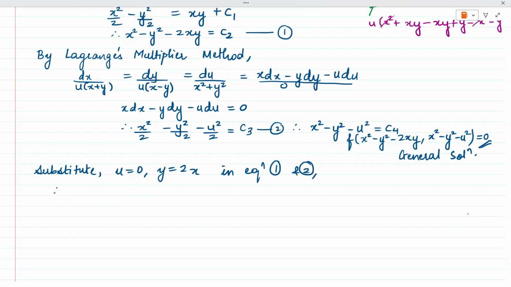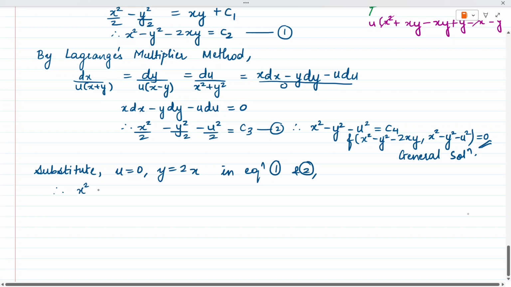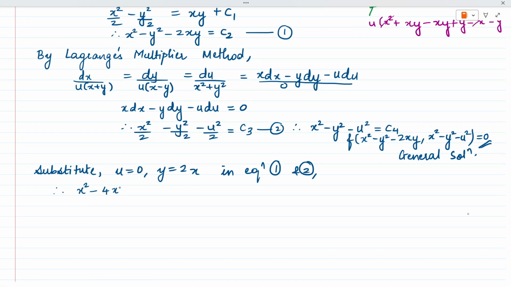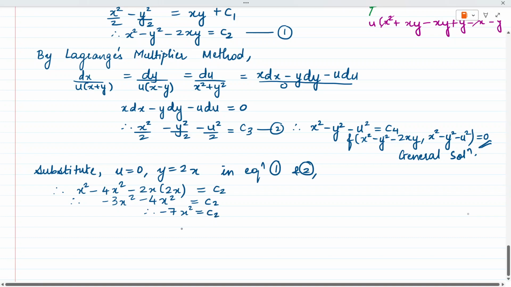तो फर्स्ट इक्वेशन में अगर डालेंगे x square as it is, y square will become 2x का square which will become 4x square, 2 times x as it is, यहाँ पे again multiplied by 2x is c2. इसी को पहले कंप्लीट करते हैं, negative 3x square, negative 4x square is c2. So you get negative 7x square is c2, or you have x square is equal to negative c2 upon 7.